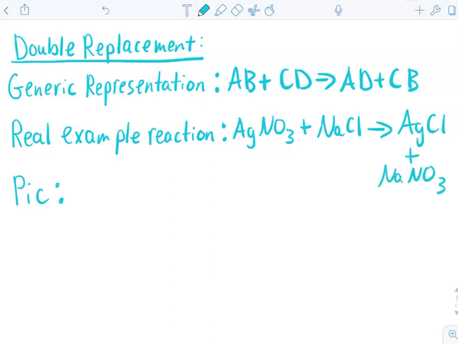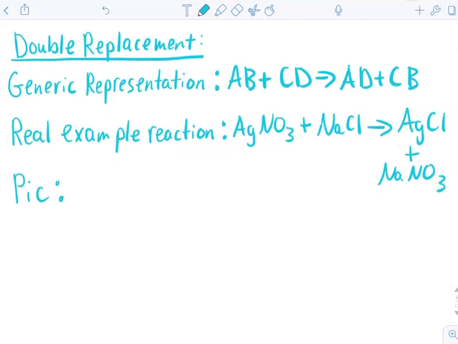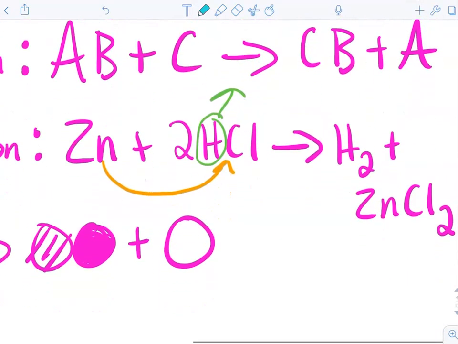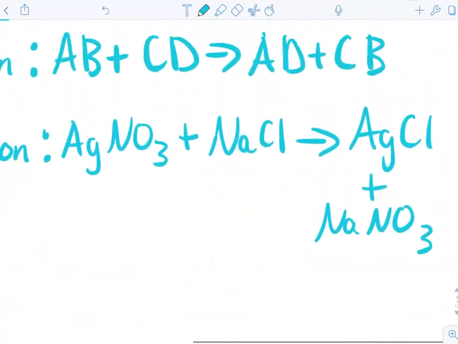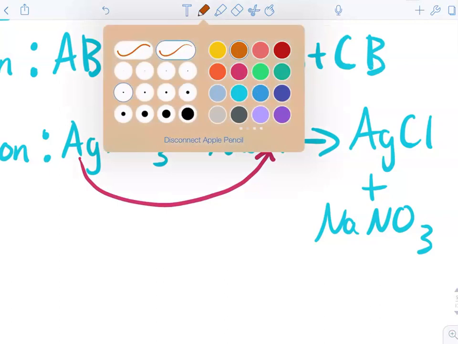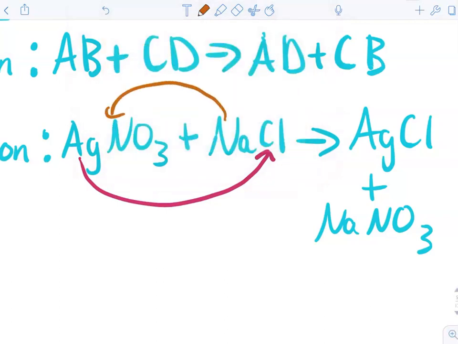And notice how here we have compounds, right? We have two elements that are together. Whereas up here with our single replacement, we had elements that were by themselves. They were not in a compound. That's the difference between single replacement and double replacement. And if we look here, what has happened is this Ag came over with the Cl, and then the Na went with the NO3.